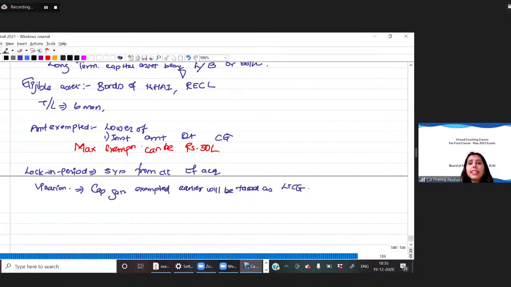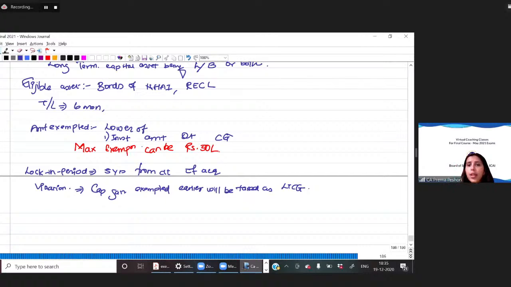Padmanabhan, if the LTCA is sold within 3 years, will the STCG be taxed in the assessment year relevant to the year of sale of asset or retrospectively? First of all, I think you are doing some confusion in writing.